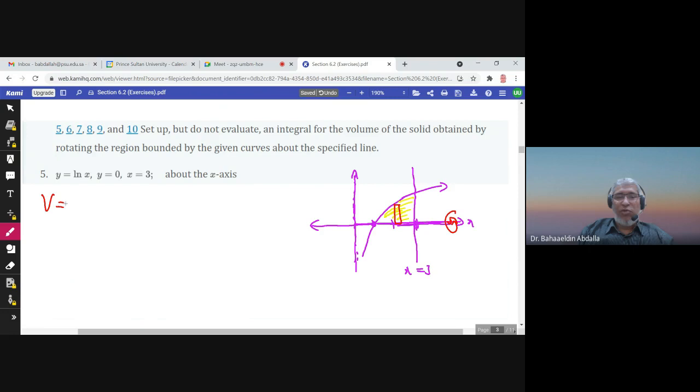So the volume would be, x from where to where? From 1 to 3, pi times radius squared. What is the radius? It is the length of this line, and it has to be written in terms of x. That's the curve y equals ln x, so it is ln x squared. So that's the volume.